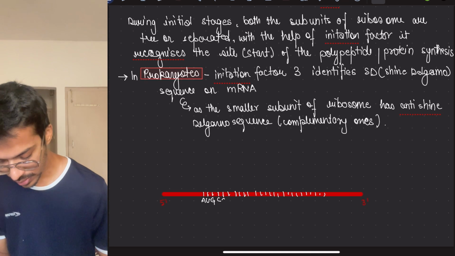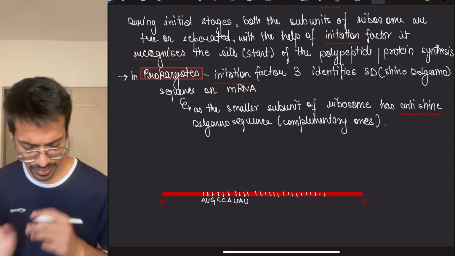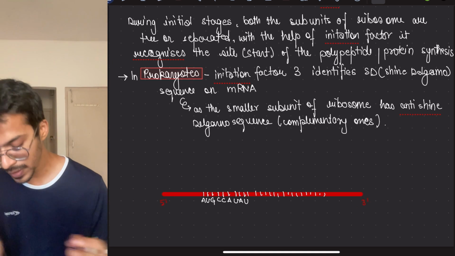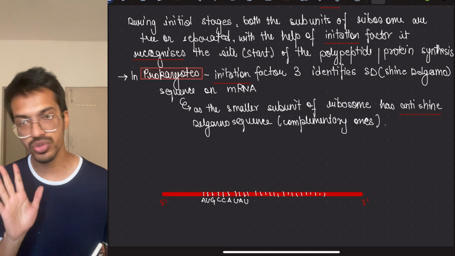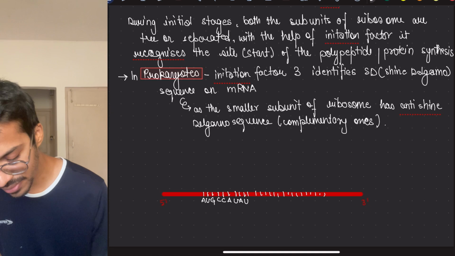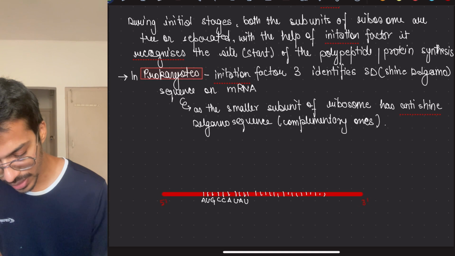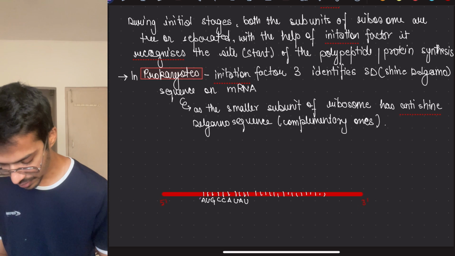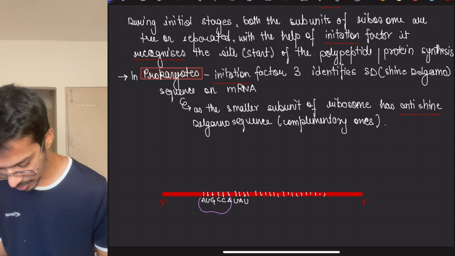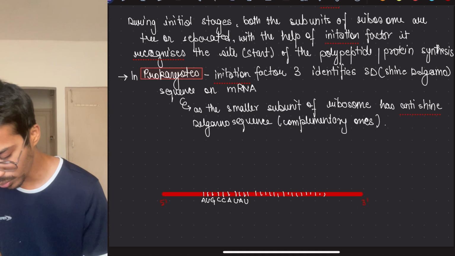Okay, like this the sequences are present. Now in this, the first part is AUG. So how will it be identified? It will be identified by the smaller subunit. So imagine that this is a smaller subunit which comes and joins over here.